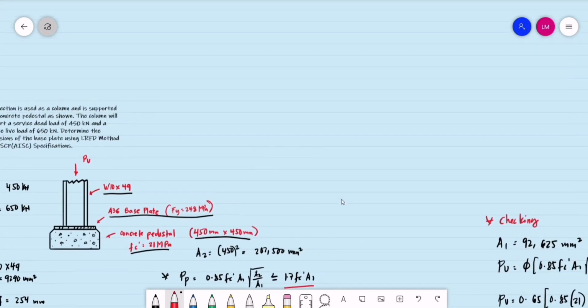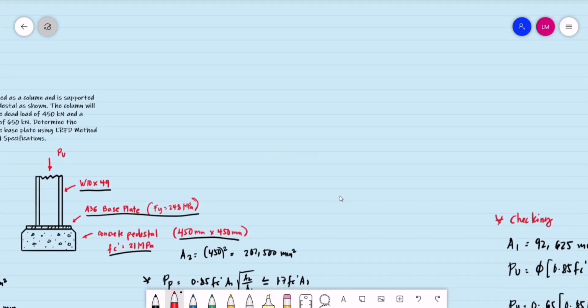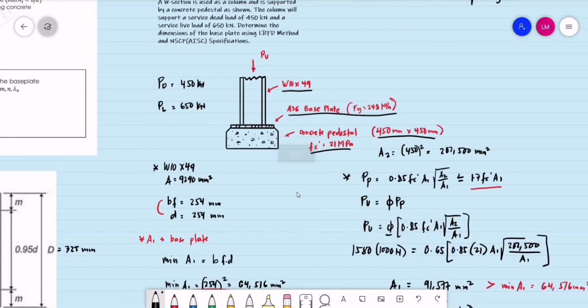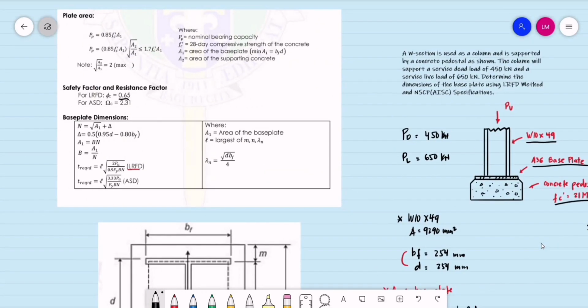So maybe we can just place our solution here. For the required thickness, the thickness is equal to l, the square root of 2 Pu divided by 0.9 Fy, multiplied by B times N. That is by LRFD.